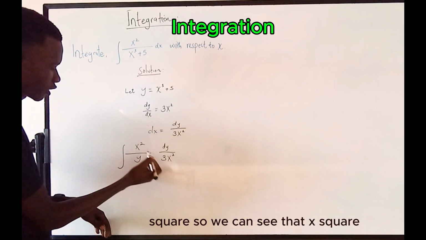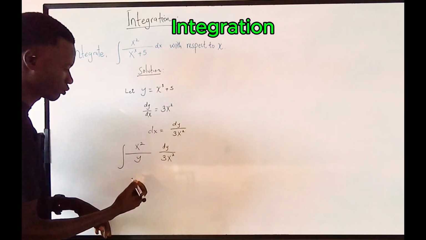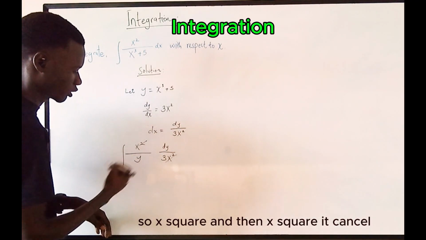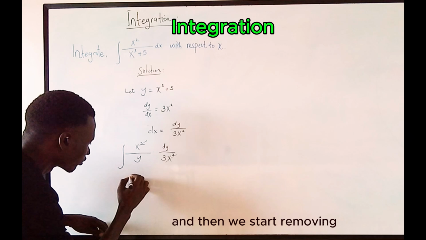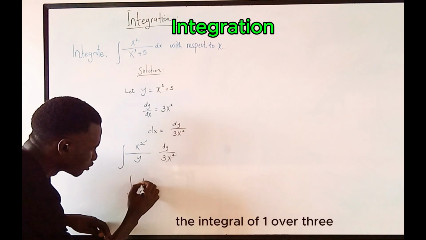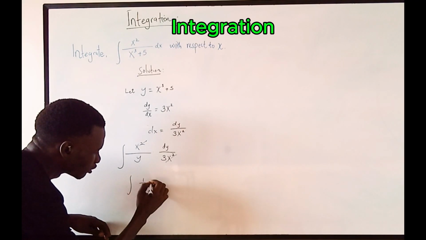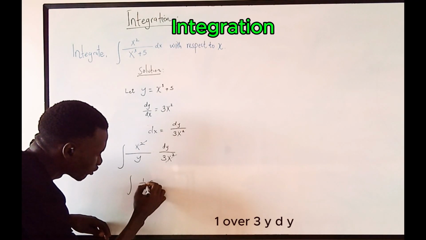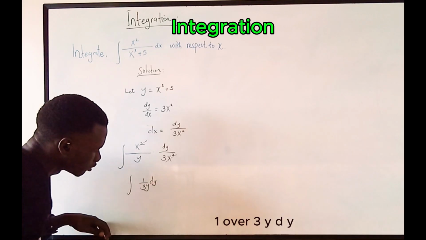So we can see that x squared and x squared are going to cancel, and then we shall remain with the integral of 1 over 3y dy.